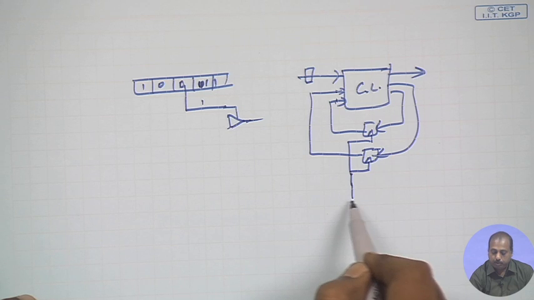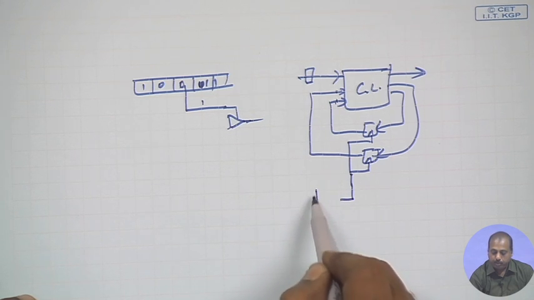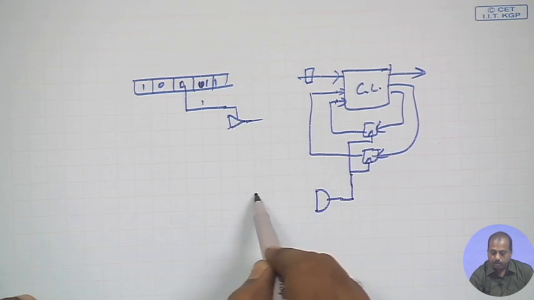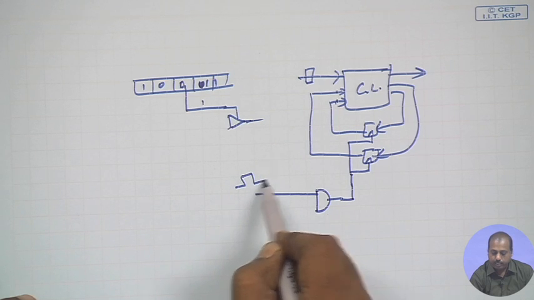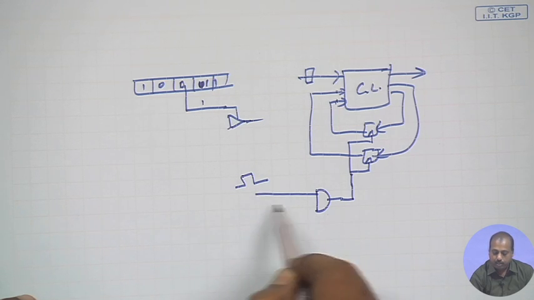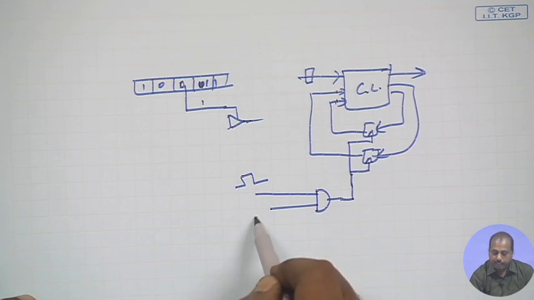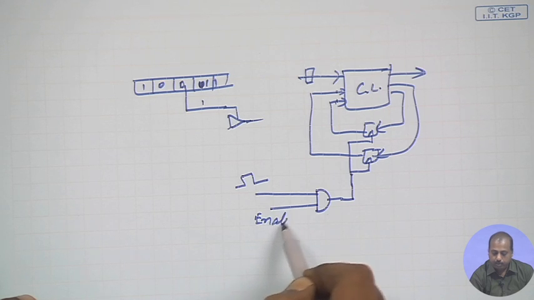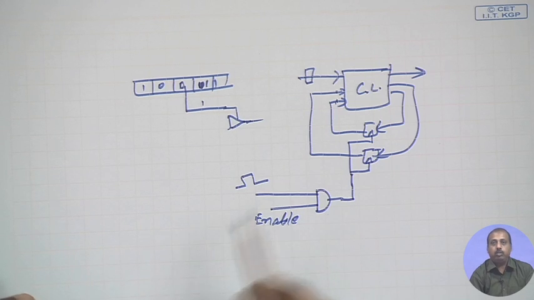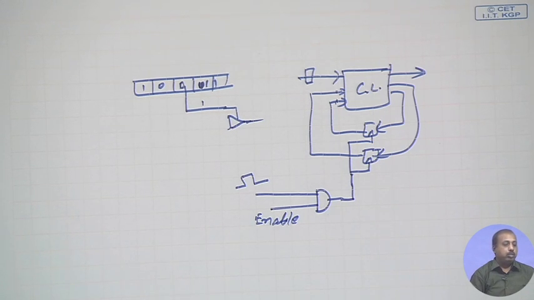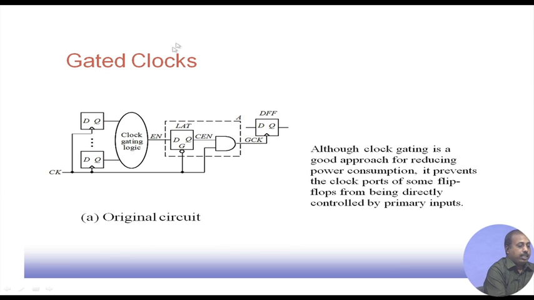To do this clock gating, what we have to do is put some sort of AND gate. Here I have got the actual clock signal, and I have got some enable line here. When enable is equal to 1, then the clock will go. If enable is equal to 0, then the clock will not go. So, I have got these outputs driving this clock gating logic.